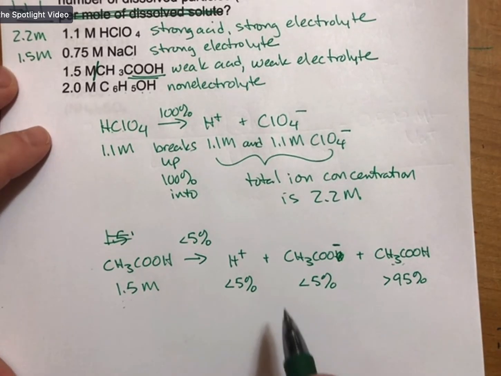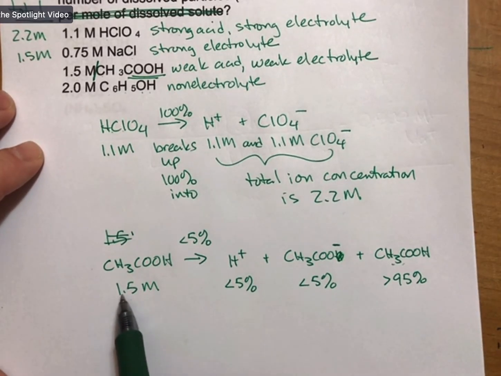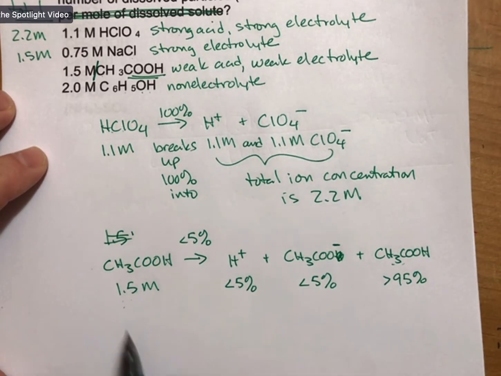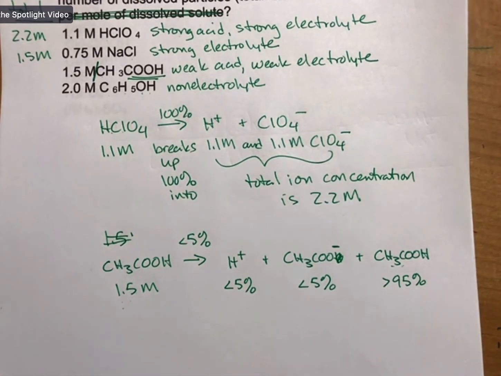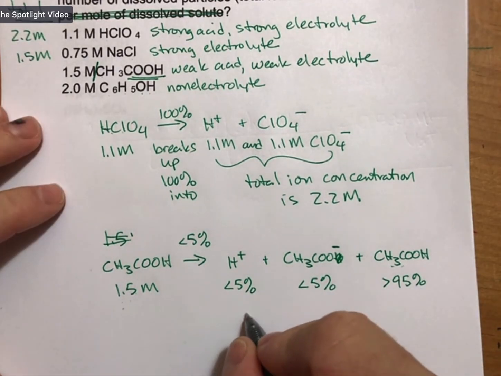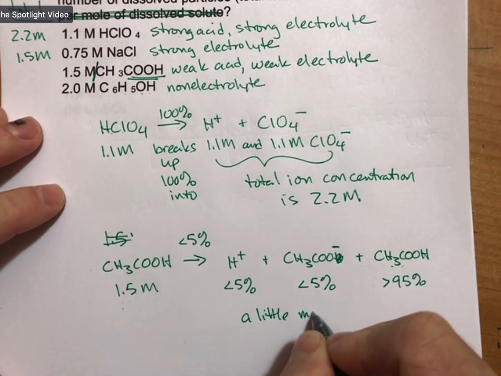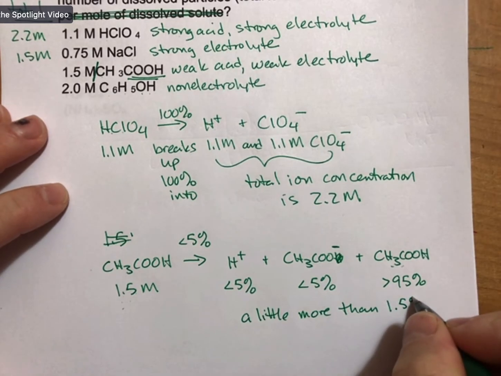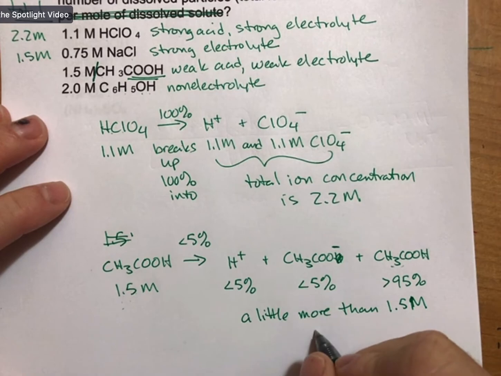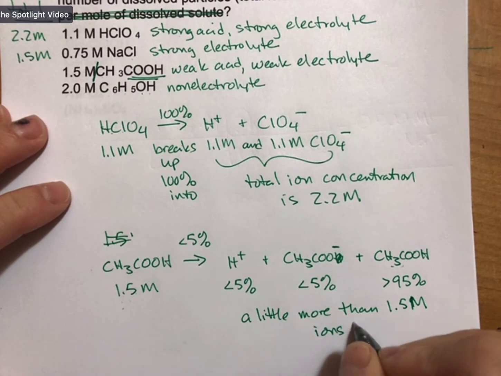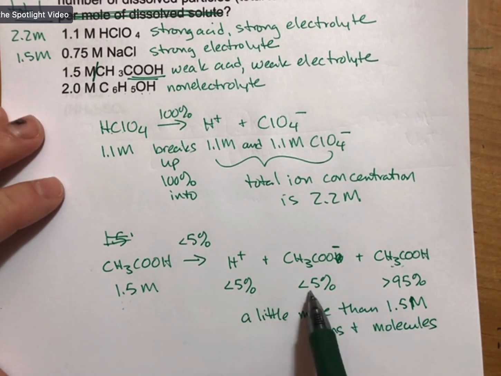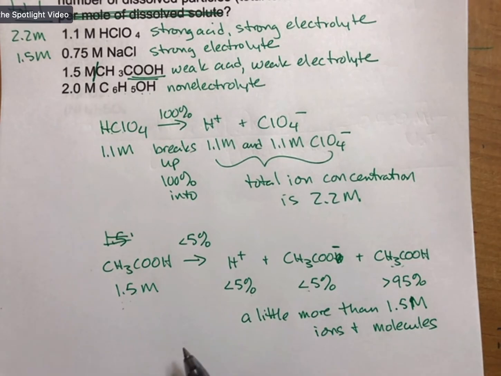I'm not sure if this makes sense, but I'm going to try it anyway. If I start with 1.5 molarity, and then it breaks up just a tiny bit, I will end up with a little more than 1.5 molarity of ions and molecules, because a tiny portion split up into two parts.